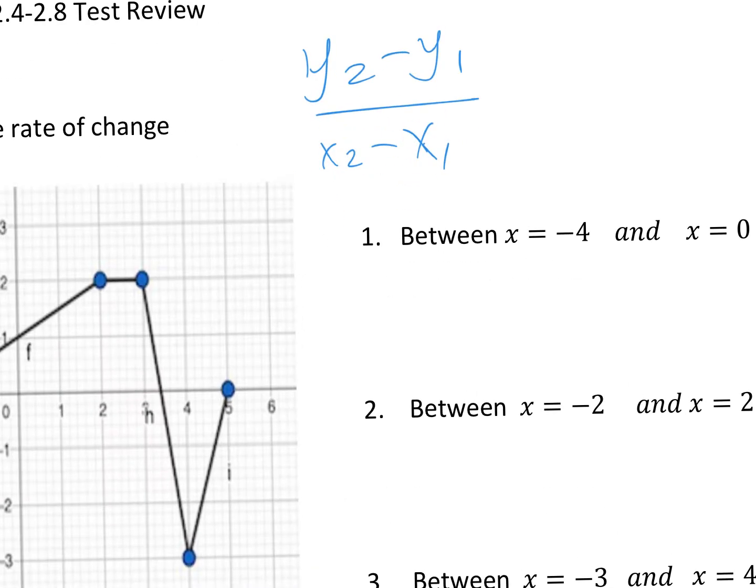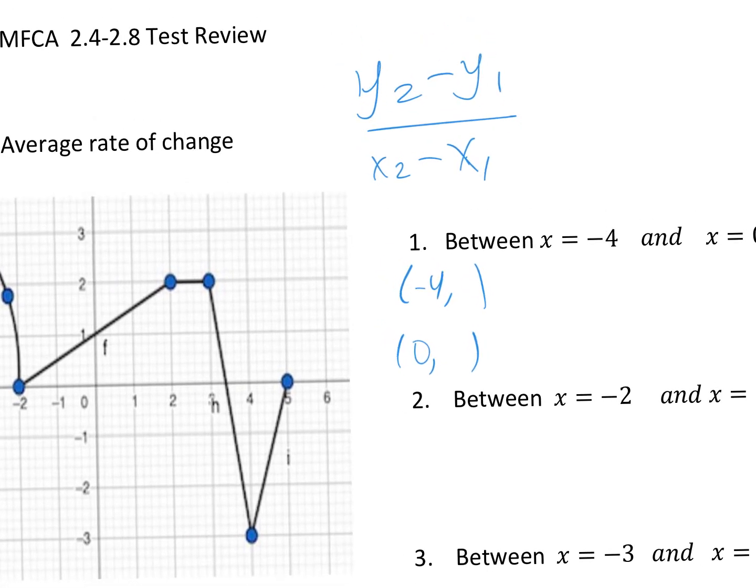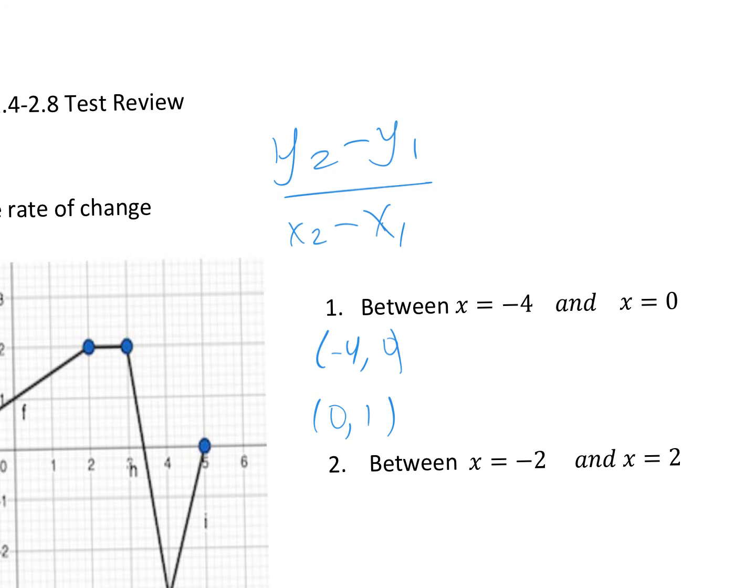So for number 1, I have the X value -4, and I have the X value 0. So let's figure out what our ordered pairs are. Where X is -4 on your graph, what is the Y value? 0, good. And where X is 0, what is the Y value? 1, all right? Simple enough. And now we're going to find the average rate of change. Y is on top, X is on the bottom. So I'm going to say 1 minus 0.